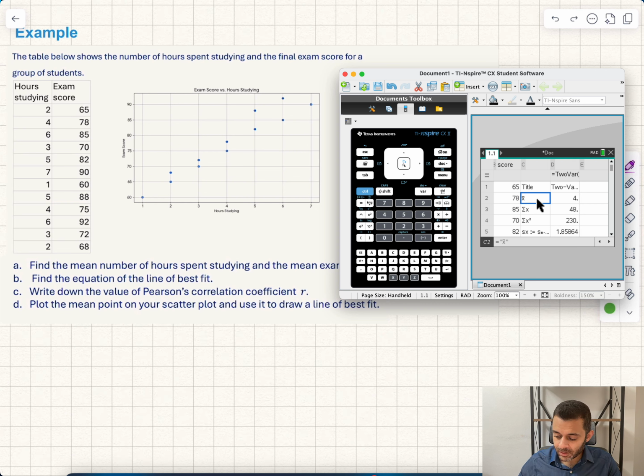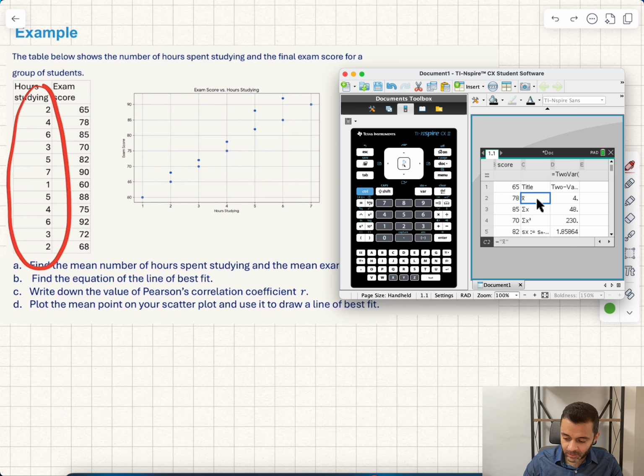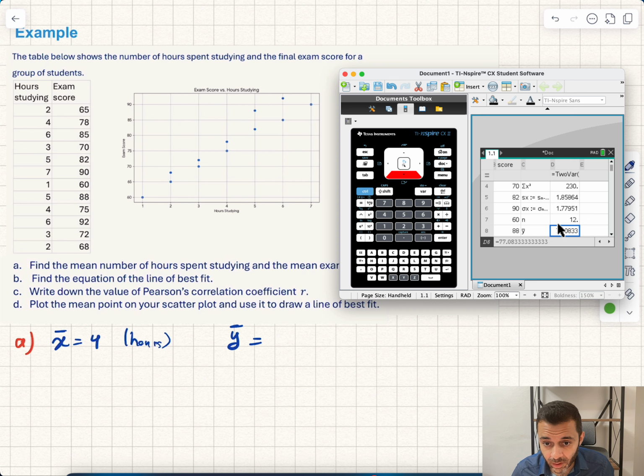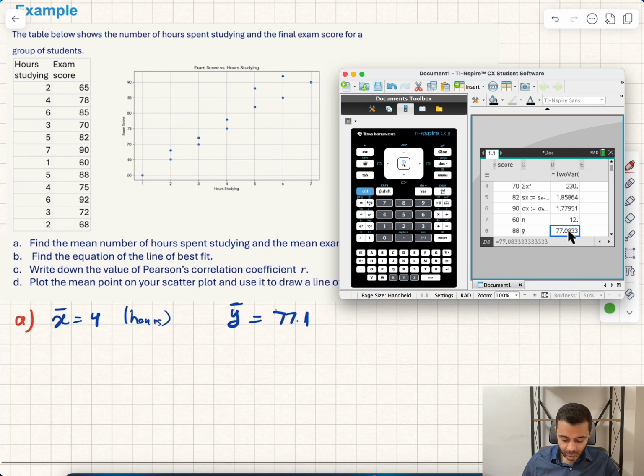Which means now the mean numbers of these will be 4. So X bar, or the mean, will be 4. So this will be the mean number of hours. And similarly for the scores, the mean will be the Y bar value. Here it is, as you see, it is 77.1 to 3 significant figures. So now this is what we do about question A.